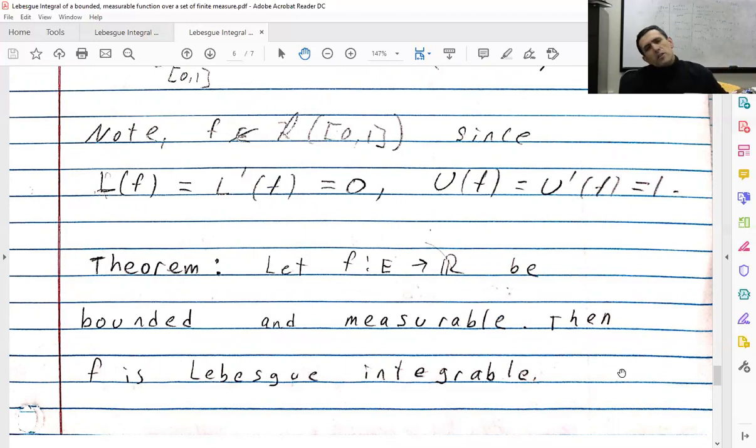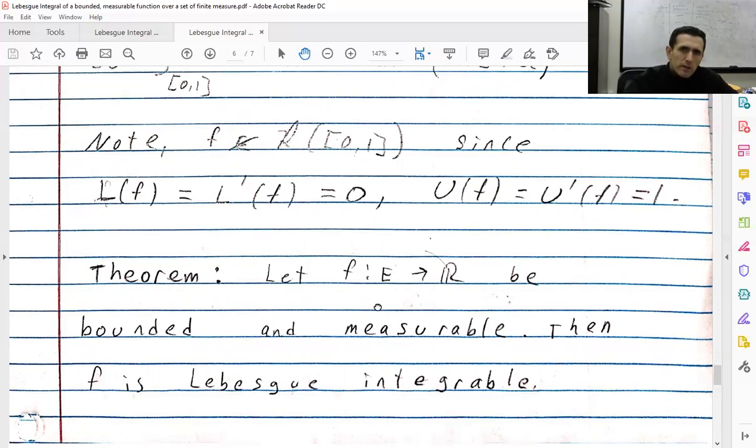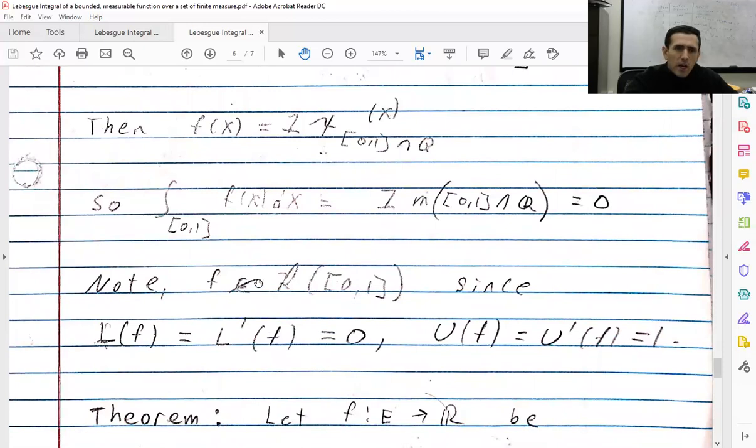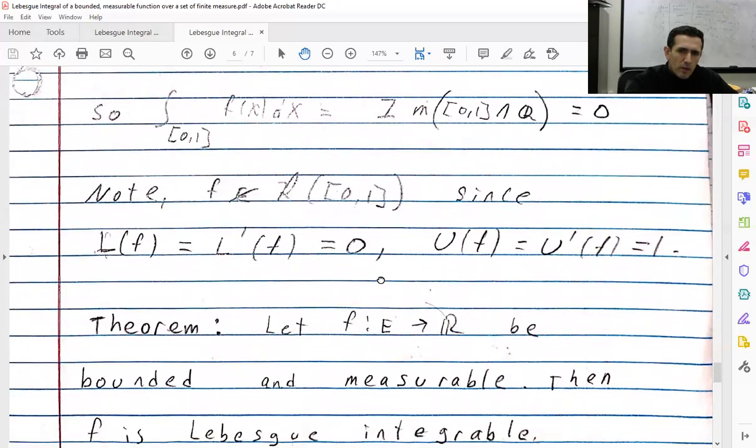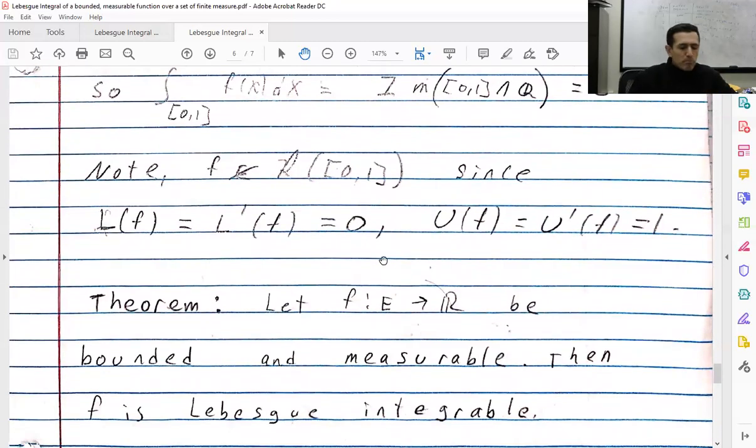So this Lebesgue integral is defined for a lot of functions, particularly way more functions than the Riemann integral. So in particular, if f is the pointwise limit of measurable functions over a set of finite measure, and if f is bounded, then we know f is Lebesgue measurable, and henceforth it's going to be Lebesgue integrable.